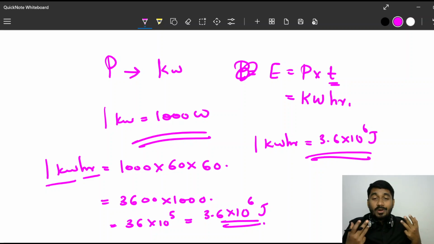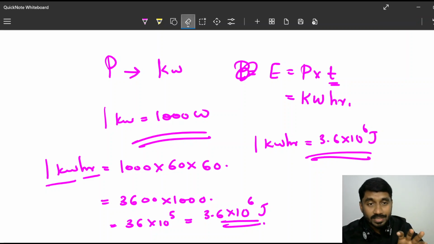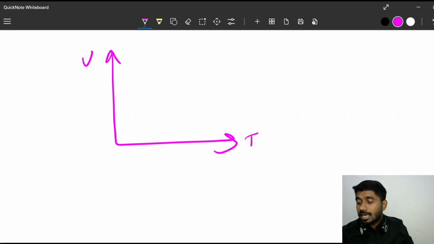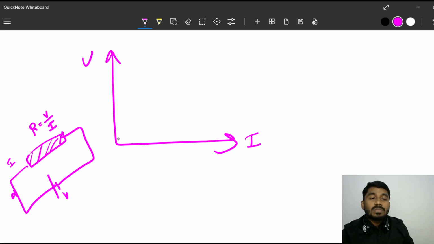What is Ohm's law? What are the equations of Ohm's law? Then one important thing I forgot to mention here: there is a graph coming from this. If I am drawing a voltage-current graph of a material, say a conductor, I apply a voltage across the material, a current flows through it, and I find the resistance as V by I. If I note down the resistance value, I get a straight line graph, because voltage and current are directly proportional.